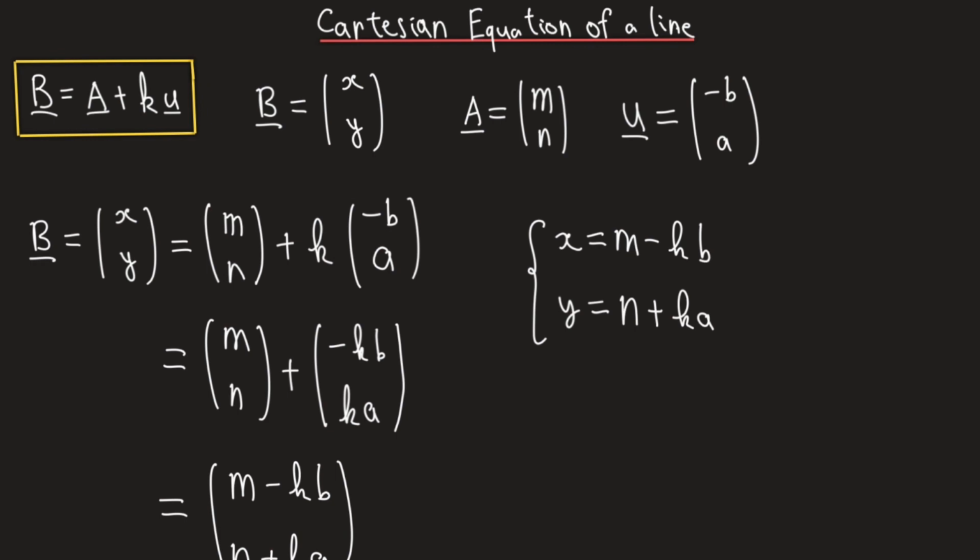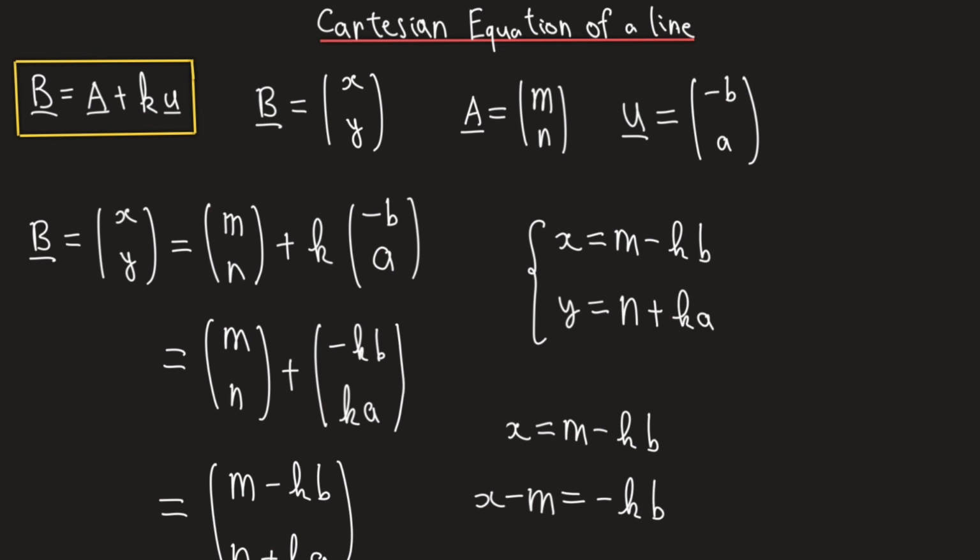And what we note here is that k appears in both of these equations. Therefore, by isolating k in our first expression, we can substitute our new expression for k over here. And let me tell you what I mean by that. So here we have our first equation, and we can write it as x minus m equals negative kb.